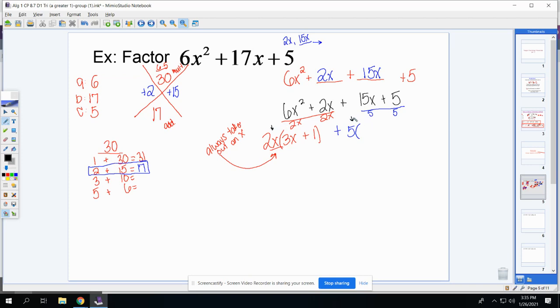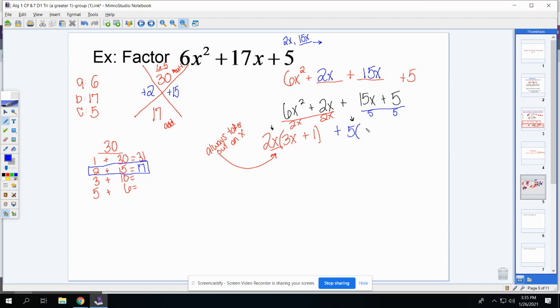In the second example, we did not. That's going to stay pretty consistent. Normally, we're only going to be able to take an x out of one of these. Oftentimes it is the first one, but there can be cases where it's the second one. As long as you see an x in both terms, you are able to take out an x.